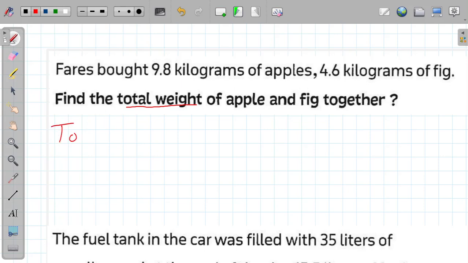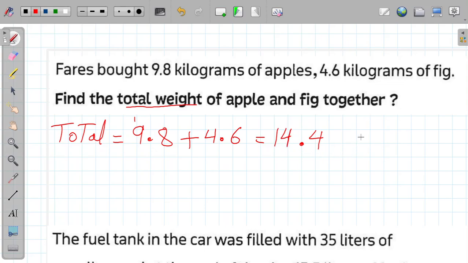So the total here equals the first number 9.8 plus the second number 4.6. So 8 plus 6 equals 14, and I will carry 1. 1 plus 9 equals 10. 10 plus 4 equals 14. So the total mass here, or the total weight, is 14.4 kilograms.